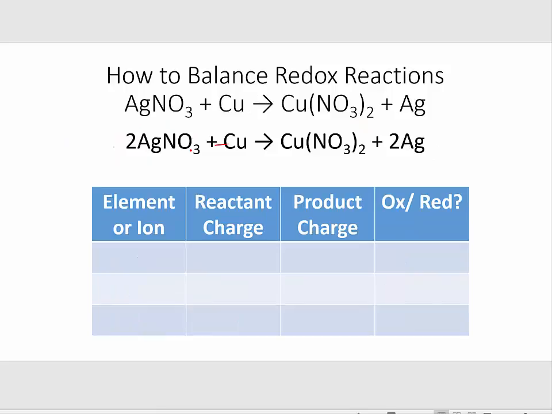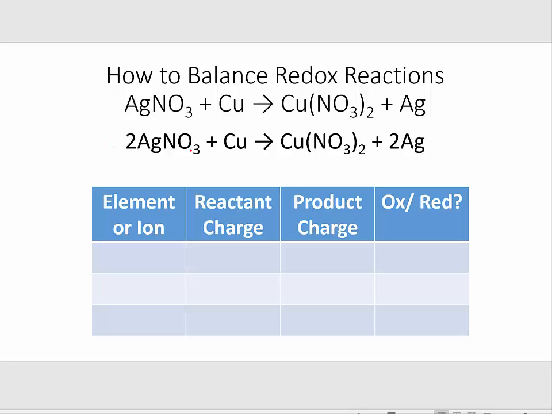We're going to look at a redox reaction and try to balance it. So I've taken my balanced chemical reaction from the previous step, and now I'm going to examine that with a redox analysis. So again, remember, you have to start with a balanced chemical reaction in order to do a redox analysis on it.